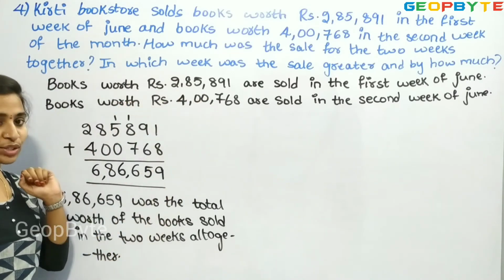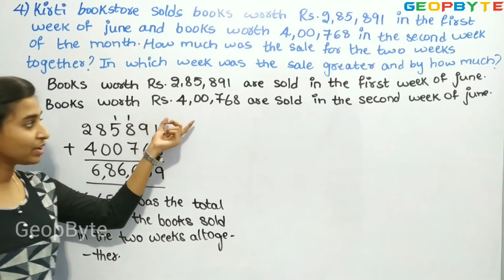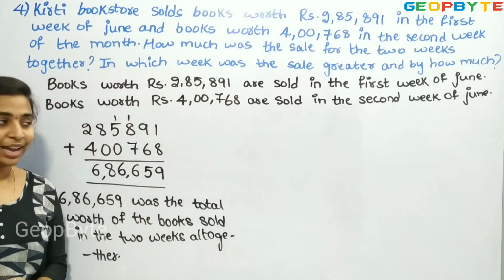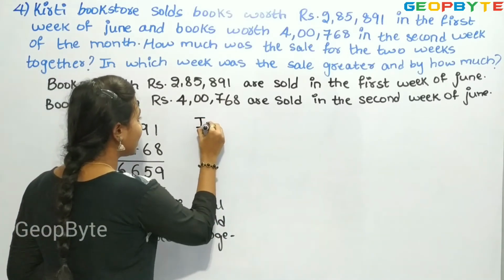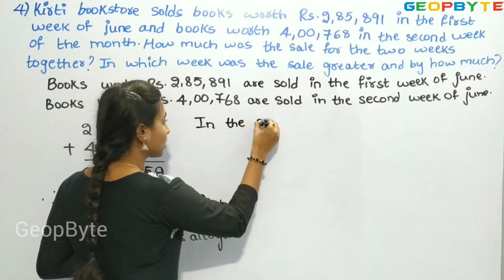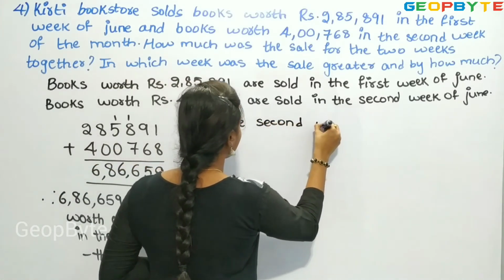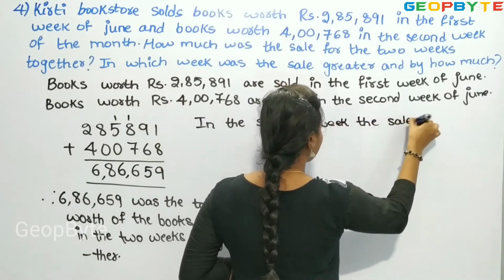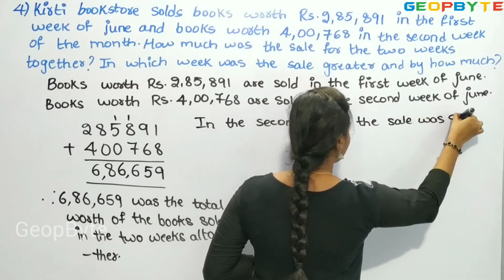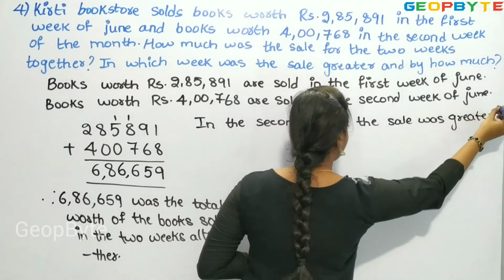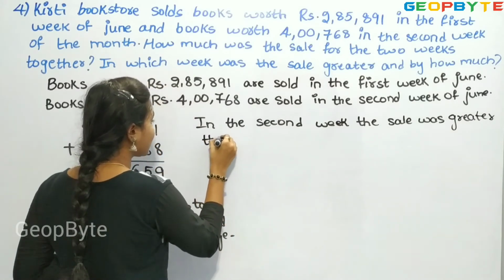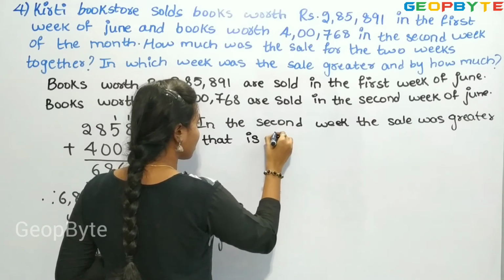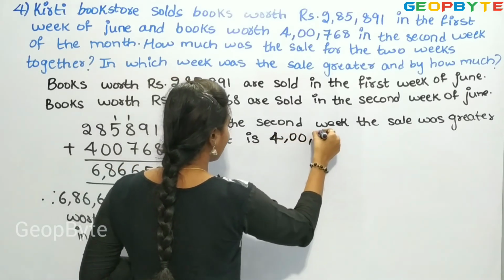See, by seeing these two, obviously in the second week it is greater, that is 4,768. Right? So in the second week, the sale was greater, that is 4,768.